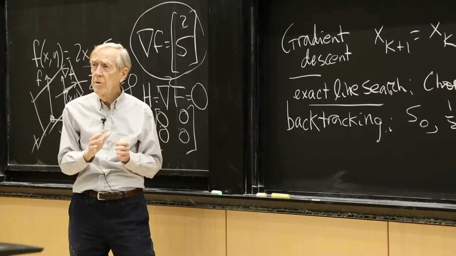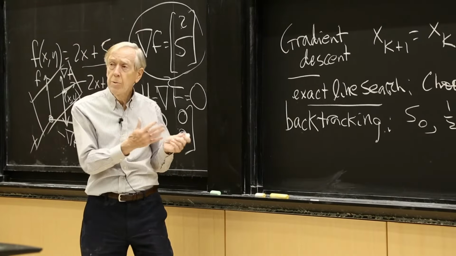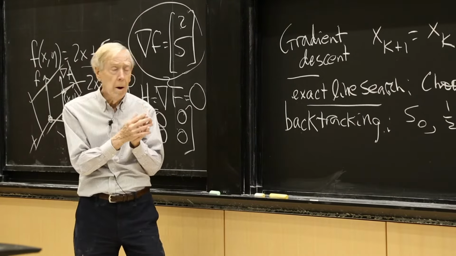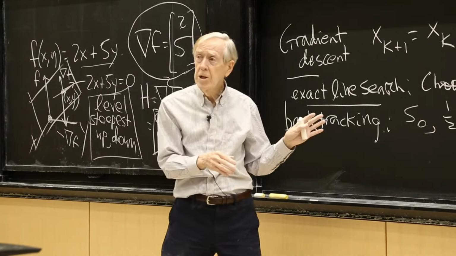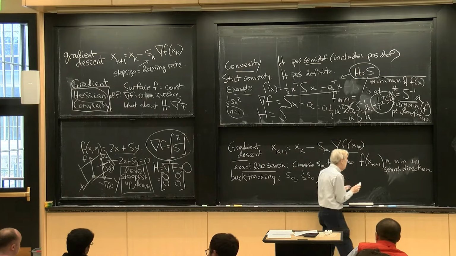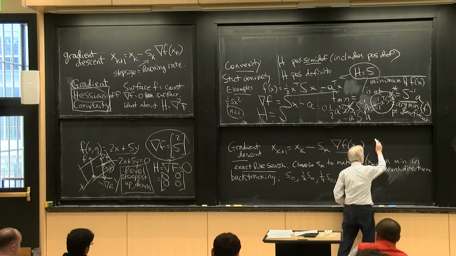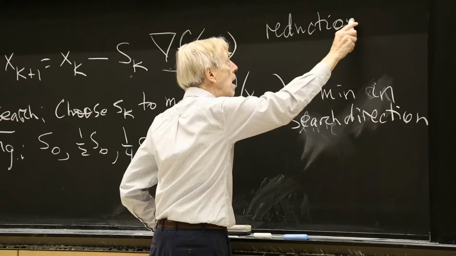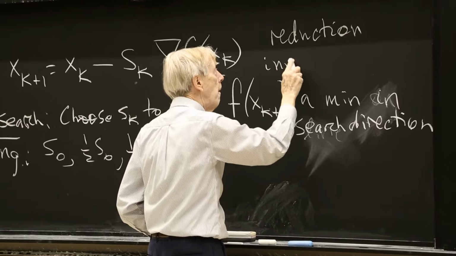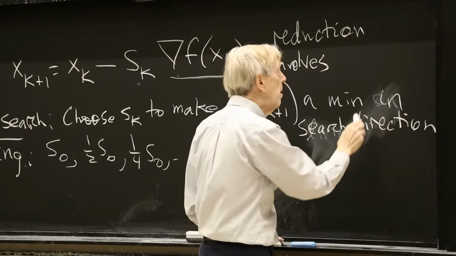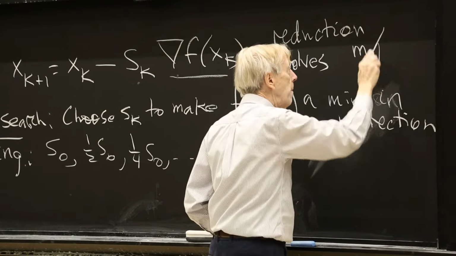That's really what the bounds that I want are. How much does that reduce the function? And we'll see that the reduction involves the condition number, m over M.